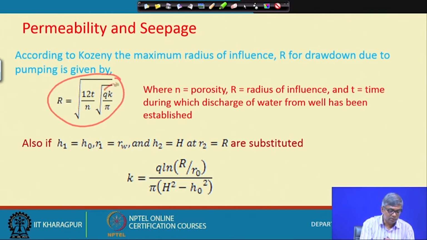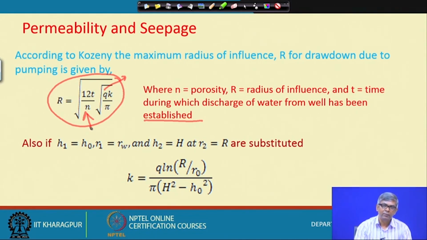Here q is the discharge, n is the porosity of the soil, R is the radius of influence, and t is the time during which discharge of water from the well has been established. k we can initially measure by pumping observation well, and after determining k, the next step is to find R i. This is one way to determine R i.